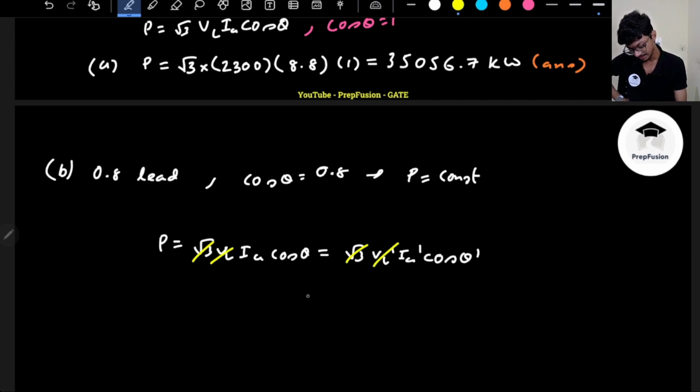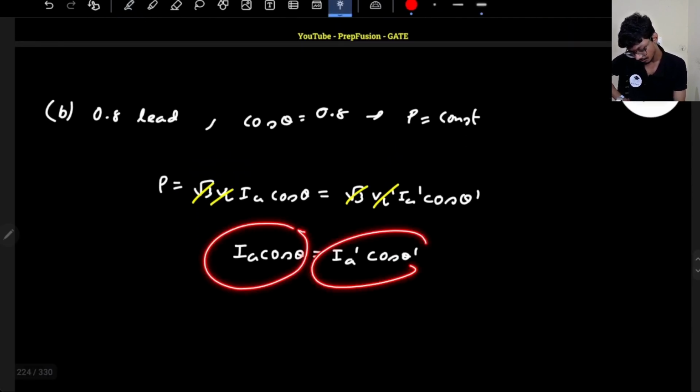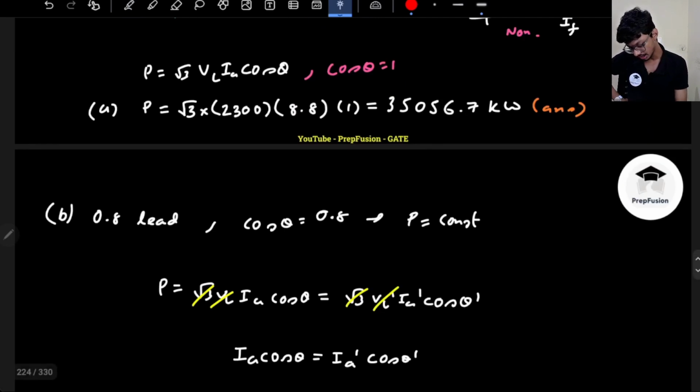So IA cos theta will equal IA dash cos theta dash. I know what my IA cos theta is, so from here I can easily tell what my IA dash is because I know theta dash. So I know the new armature current.